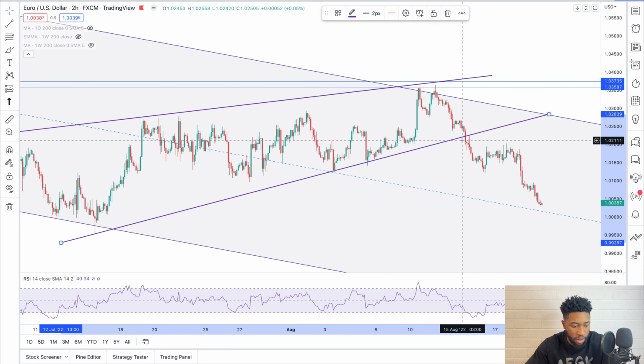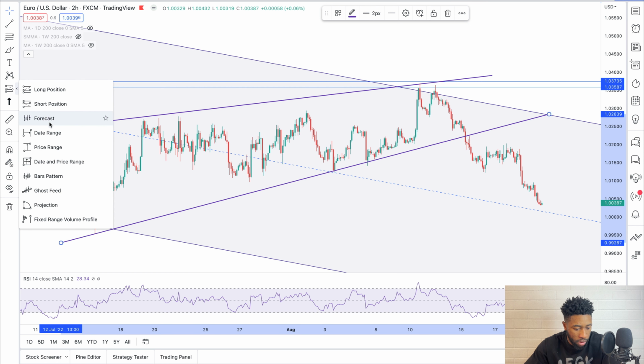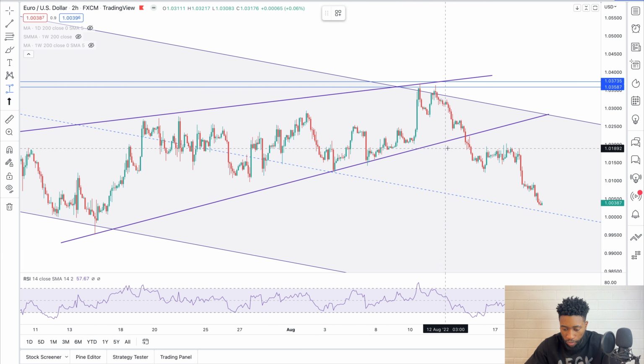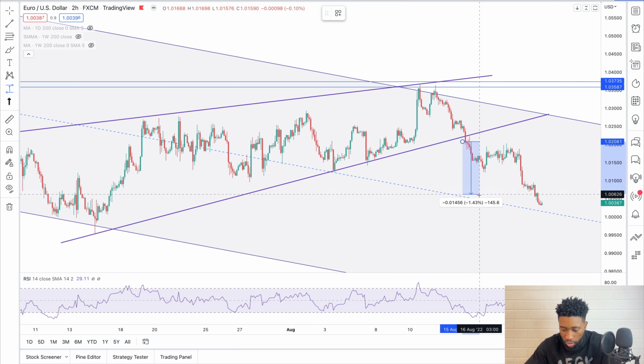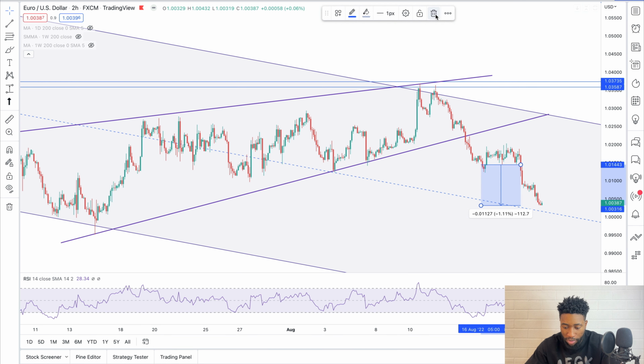Let me just measure this. A break here would have gotten you 170 pips, or entering after this consolidation would have gotten you 100 pips. So that was actually not a bad move.